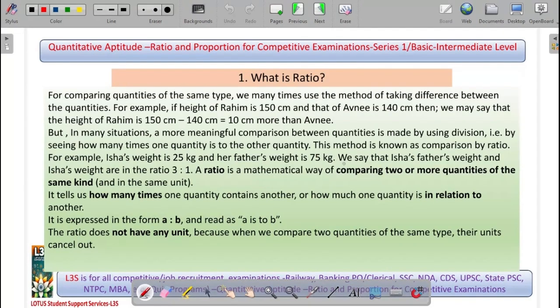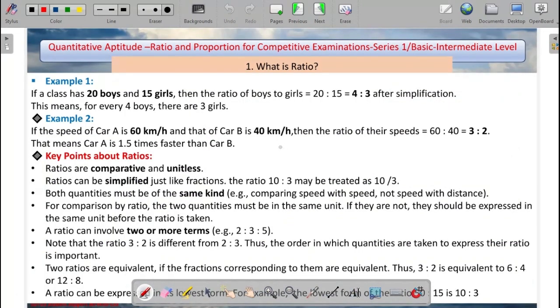We cannot take one as speed and another as weight. Or when we compare weight, then both should be weight, and the unit of both should be the same. Like if one is kg, then the other has to be kg also. So we have to follow this.